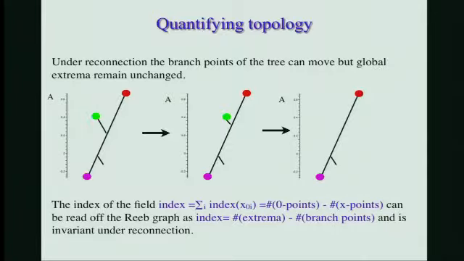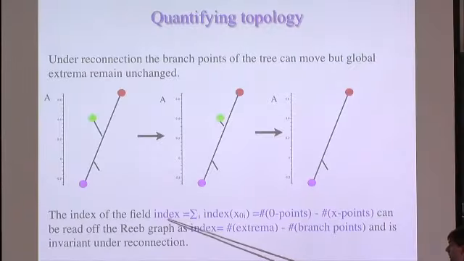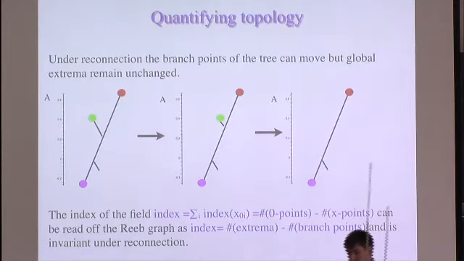So this is kind of a simplification of the structure. And in this simplification, you can find an index which is conserved, the number of O points minus the number of x points. And it's an invariant under reconnection.